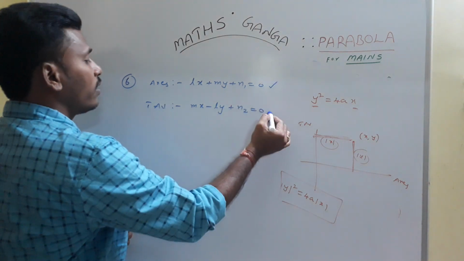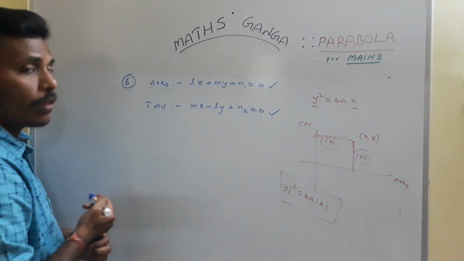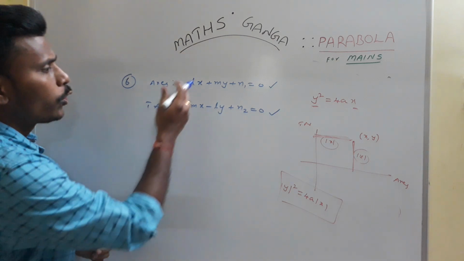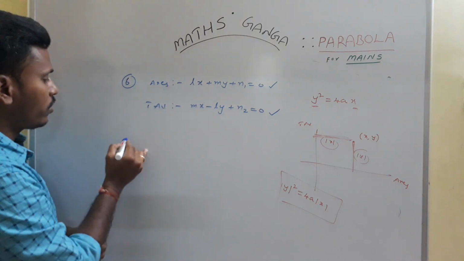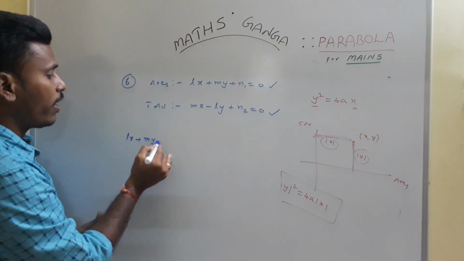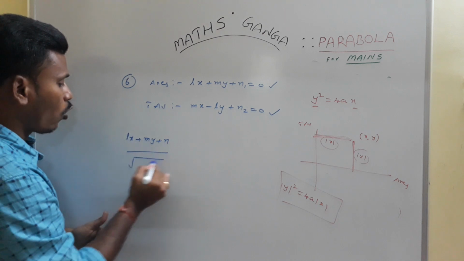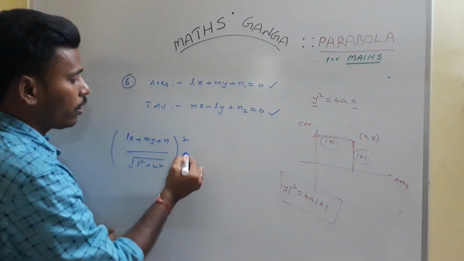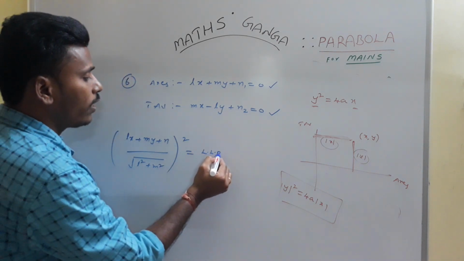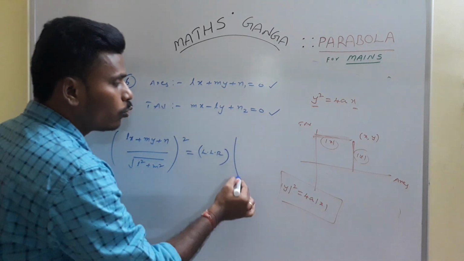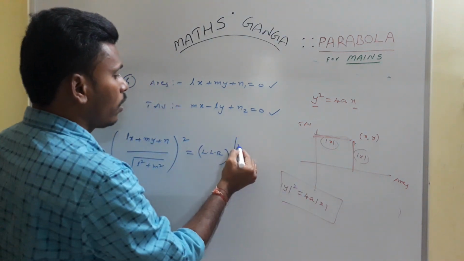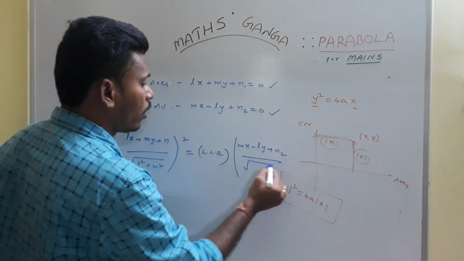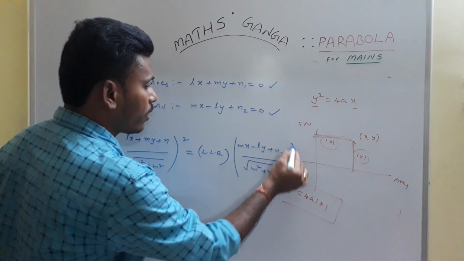If you have this axis and tangent at the vertex, then the equation of the parabola is nothing but, see, the distance from any arbitrary point to the axis, which can be written as Lx plus My plus N1 divided by root of L square plus M square, whole square, like mod y square, is equal to 4a, which is the length of the latus rectum LLR, into the distance from the point to the tangent at the vertex, which is Mx minus Ly plus N2 divided by root of M square plus L square.